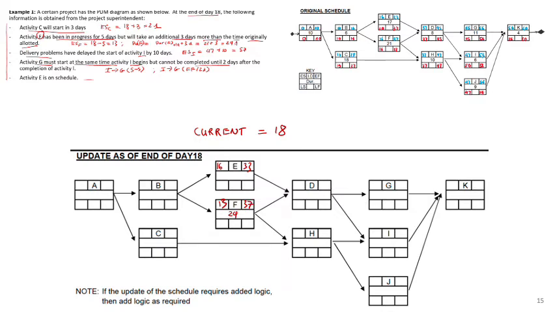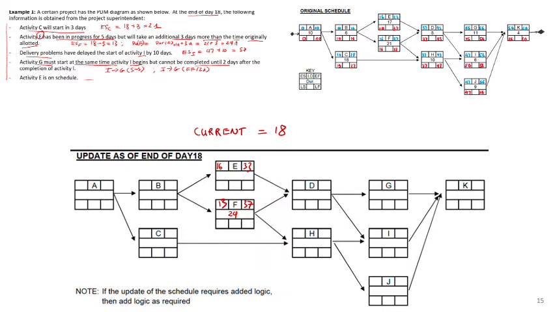Okay, so a question. How about A and B? Are they completed already, or are they not yet completed? Based on the information, we don't see any update on the logic between A, B, and B, F. So that means no change on those logics.